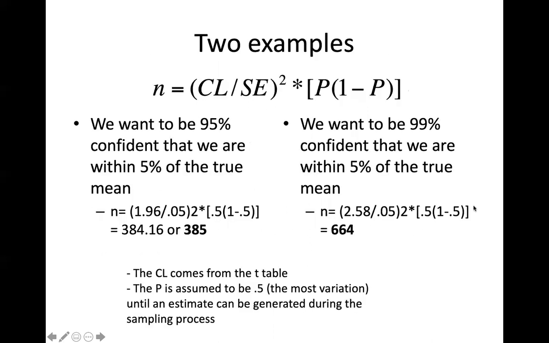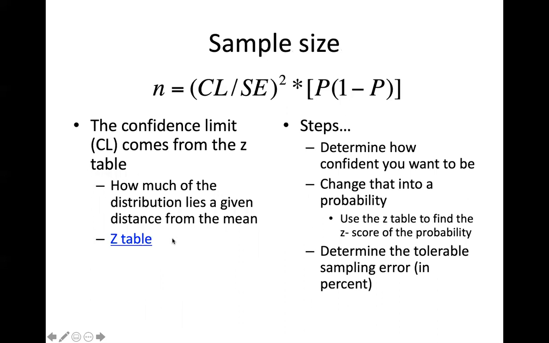So here are 2 examples. If we want to be 95% confident we're within 5% of the true mean, this number, 95%, comes from the t-table. It's 1.96. 0.5 is how close you want to be to the true mean. This p times 1 minus p is based on the probability distribution. It doesn't really matter. You can figure that out if you want. I need to take 385 samples. Whoops, I got to go back.